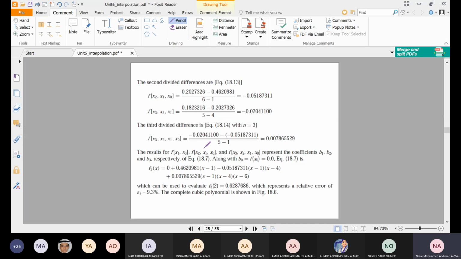And then for the third divided difference, I will take these 2 points that I computed, the second divided differences. But now the interval, I will jump 2 points. Okay, here we have the columns. You can see I have 1, 4, 6, 5.